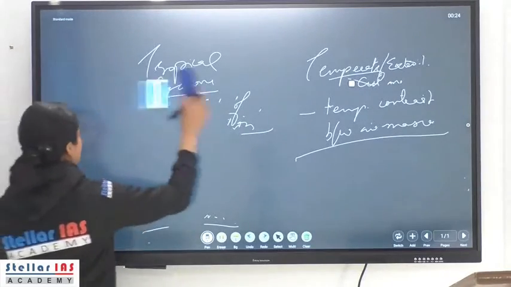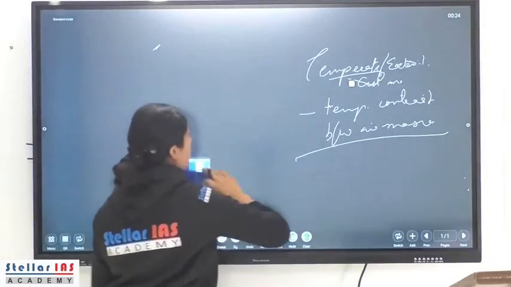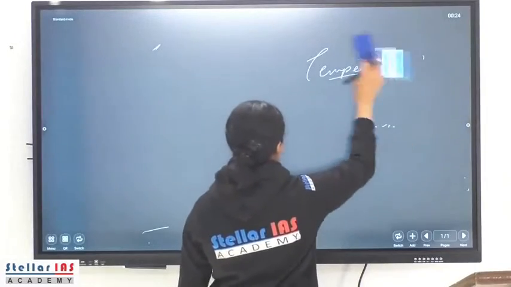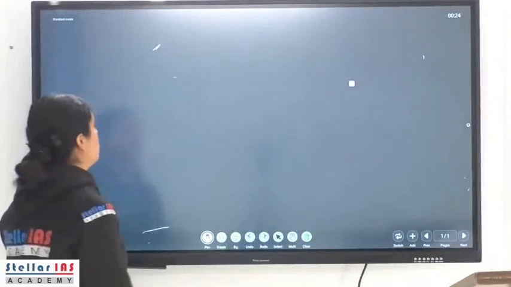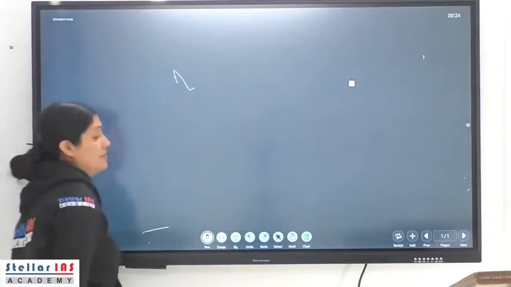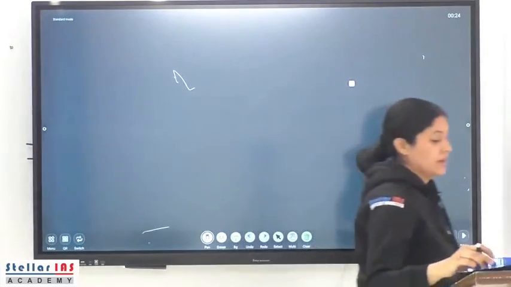So these are more or less the differences between tropical cyclones and the temperate or extratropical cyclones, an important topic that is often asked in your prelims and also has been asked in the mains examination, right?